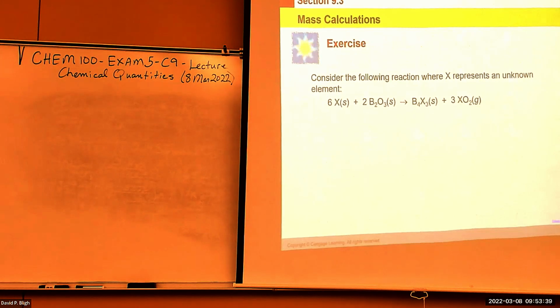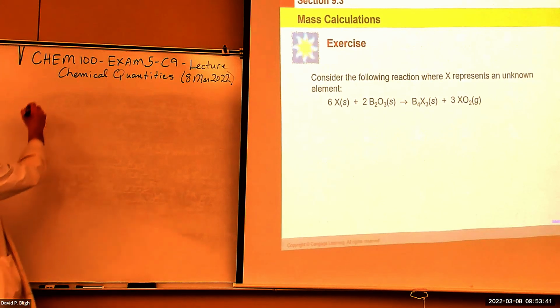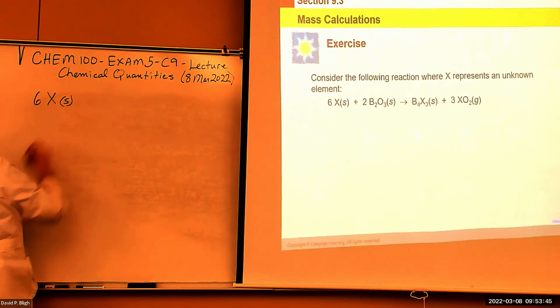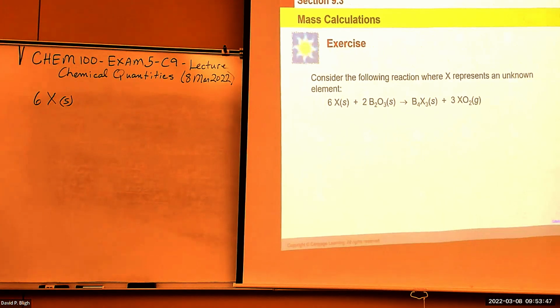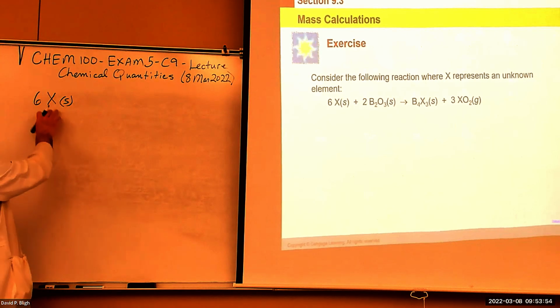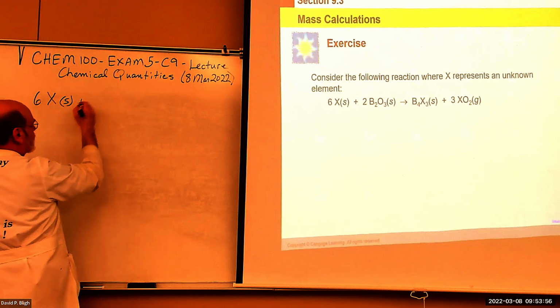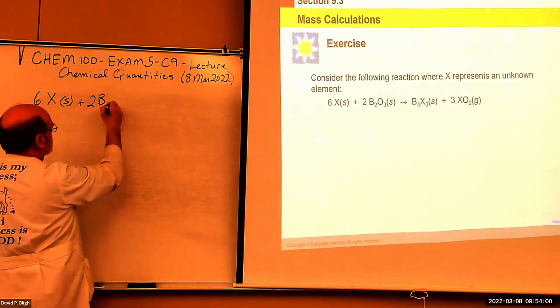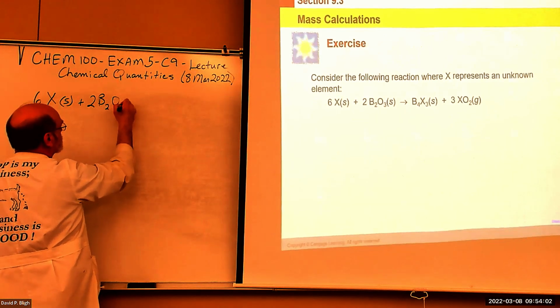Okay. I'm going to write this one on the board. So we have 6 X's, which is in the solid phase, and X is an unknown. We don't know what it is, but it is an element. We know it's an element because it's all by itself. And we're going to react that with 2 B2O3.